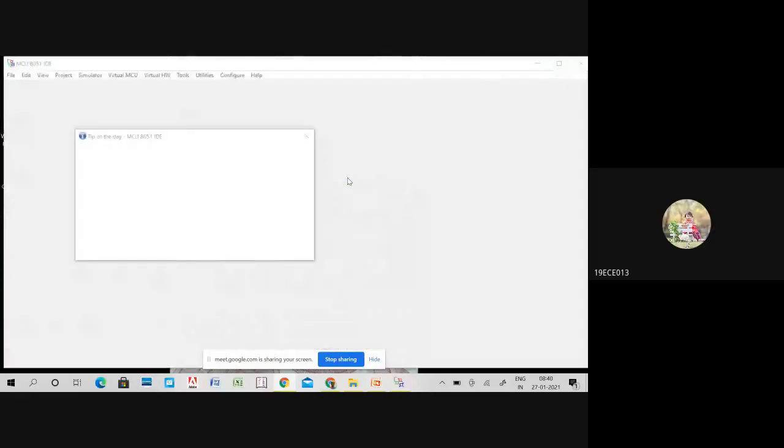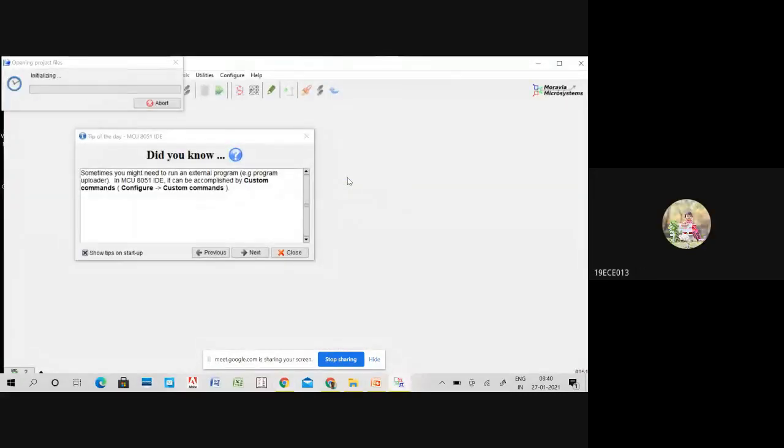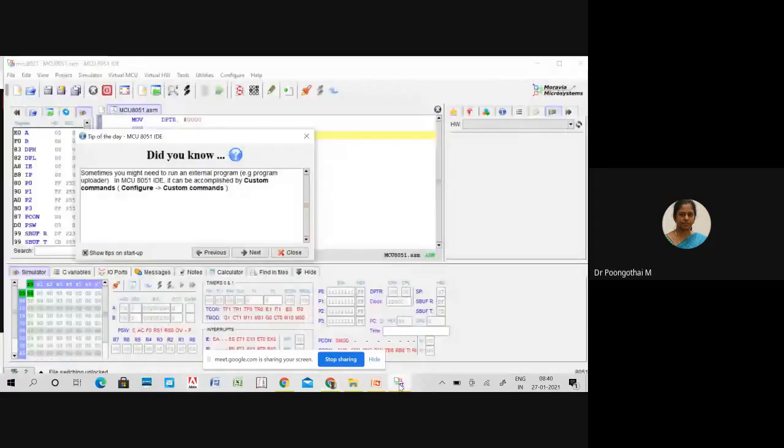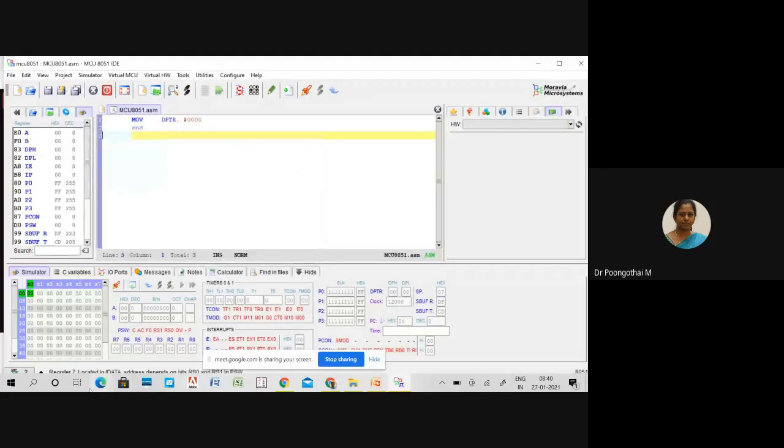Ma'am, I have a doubt. Yes, Mahesh. Ma'am, where do we have to see carry is set, auxiliary carry is reset, in the simulator or in the IDE? In the IDE, here you have to check. Are you able to see here?